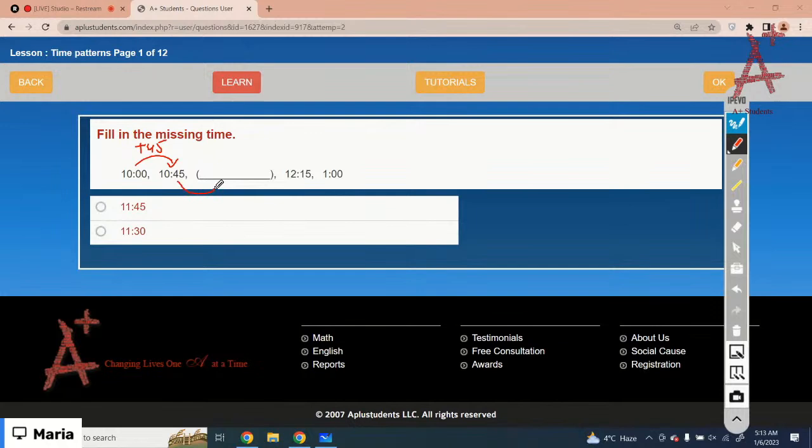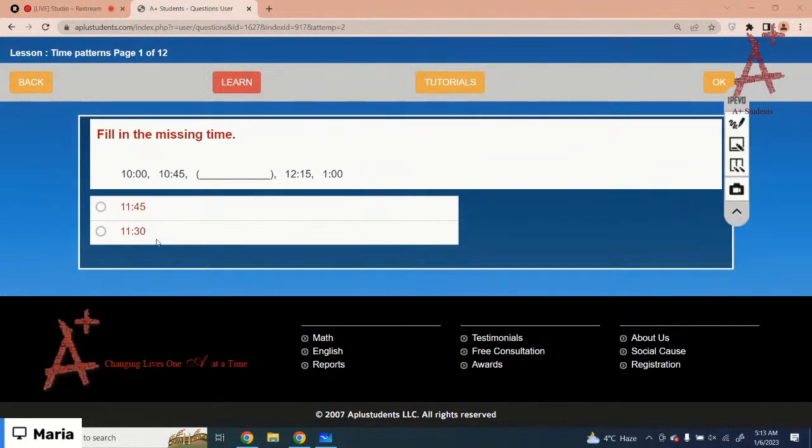That means the next one is add 45 minutes. So 10:45 and add 45 minutes. So it would be 11:30. Very good. So the missing time is 11:30. Just select the correct option, then click on the OK button.